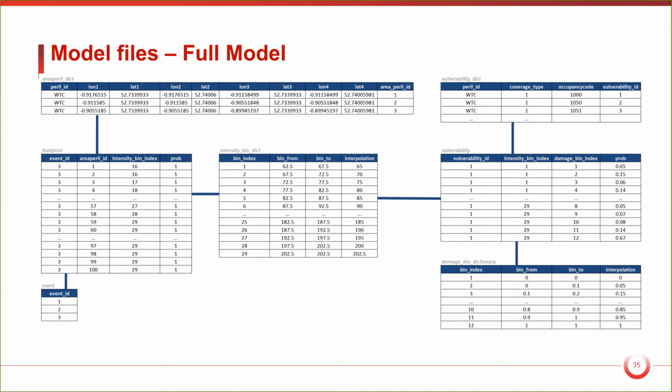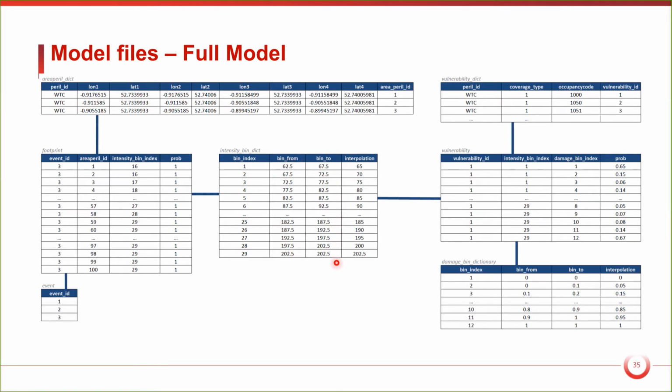So that's what a complete model looks like in Oasis. It's a collection of these files, generally all integer IDs representing something that's meaningful to the model developer, but importantly, in Oasis terms, they're just integer IDs. And that's one of the reasons that's important, because these can mean anything. So here we're looking at a windstorm model, and these were wind speeds.